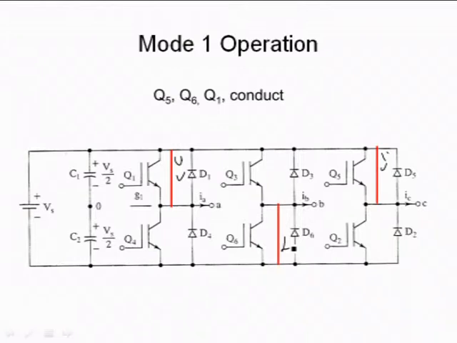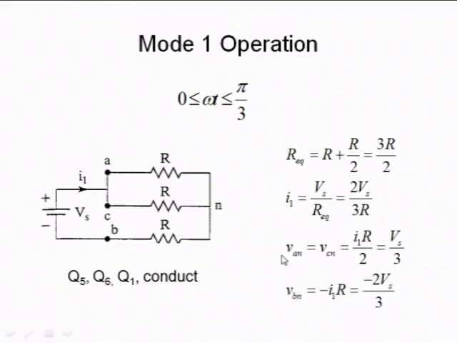So, when Q5, Q6 and Q1 conduct, what happens? Whenever a switch is conducting, you can replace it by a short. So Q1, Q5 and Q6 are conducting, and the voltage source is Vs. Let us see the equivalent circuit for mode 1 operation.